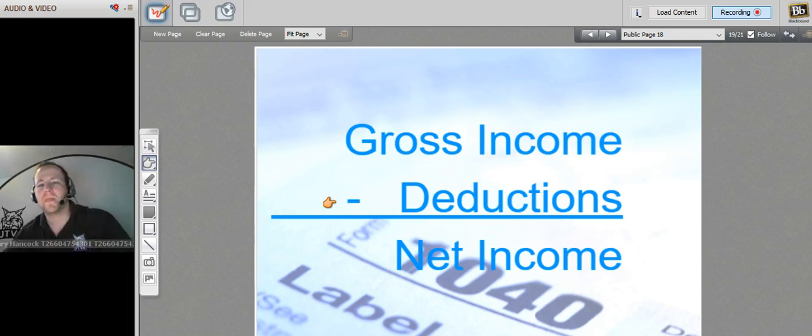Very good. Okay. So if you did not make any money, you do not need to file taxes. Or if you make under a certain amount of money, you don't need to file taxes. And you can actually file taxes after April 15th if you were going to receive a refund.